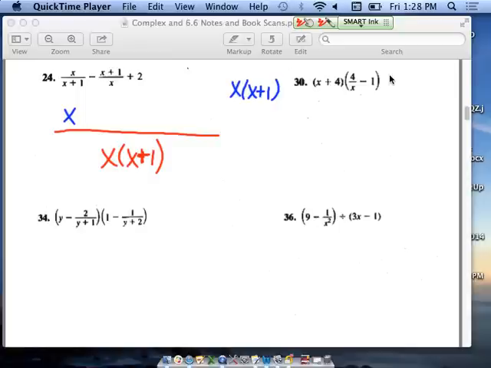So the blue x represents the x of the first fraction, and the missing factor here would be an x. So I'll use blue to represent the original numerator.